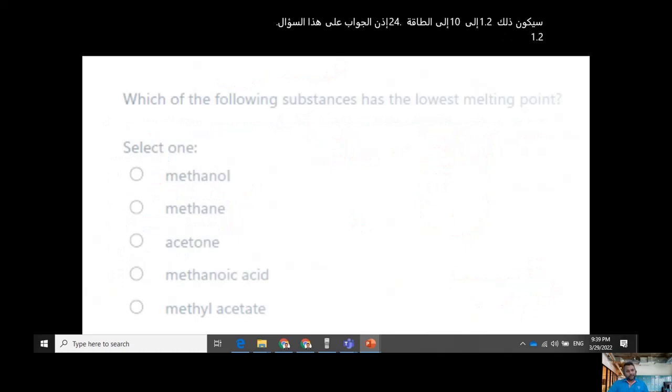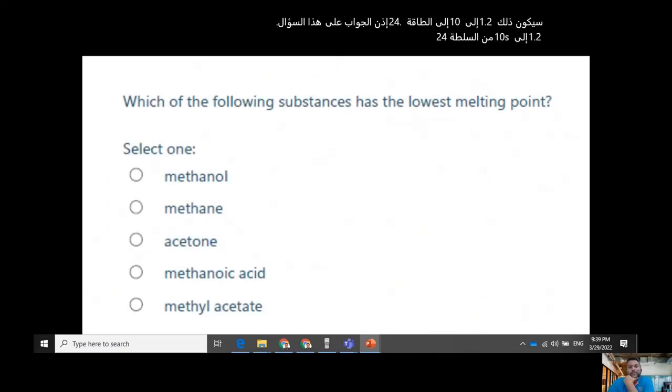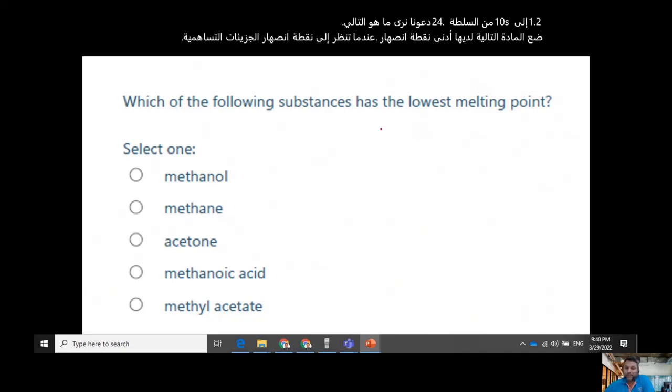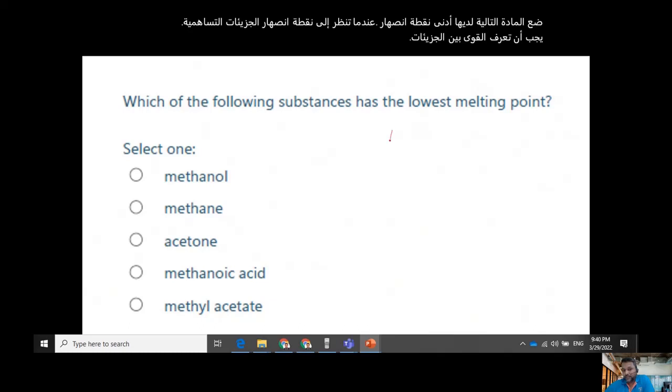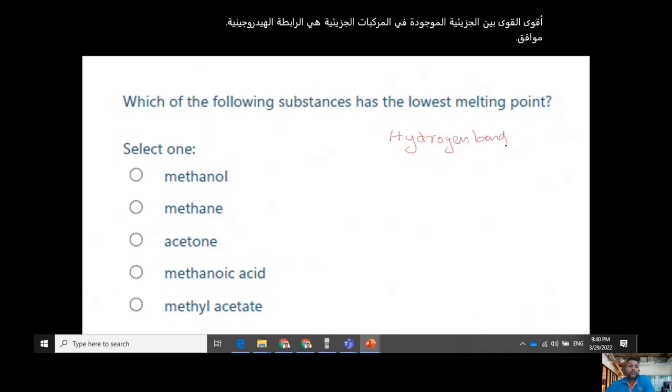Let's see the next one. Which of the following substances has the lowest melting point? When you look at the melting point for covalent molecules, you should know the intermolecular forces. The strongest intermolecular force present in molecular compounds is the hydrogen bond. Hydrogen bonds are present in molecules having fluorine, oxygen, or nitrogen directly linked with hydrogen.